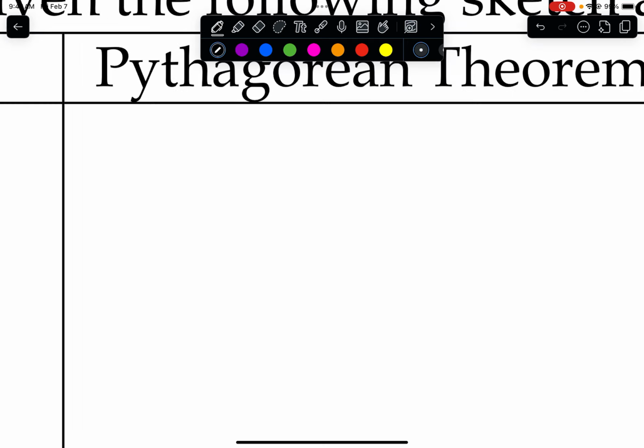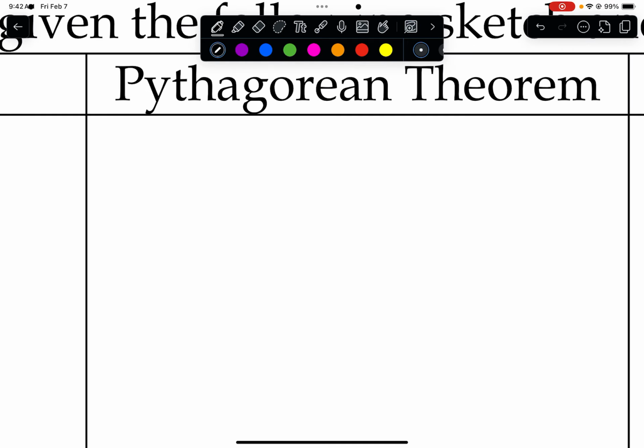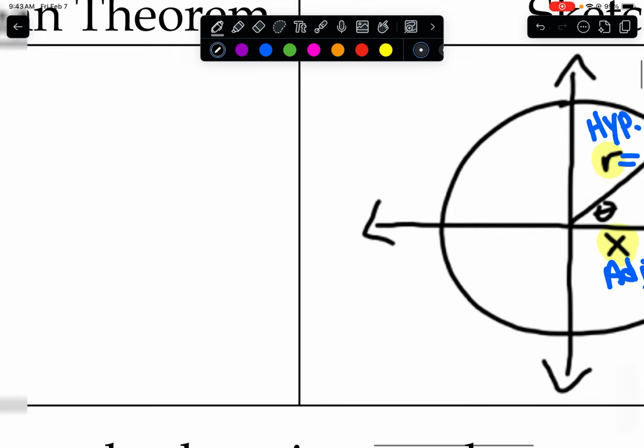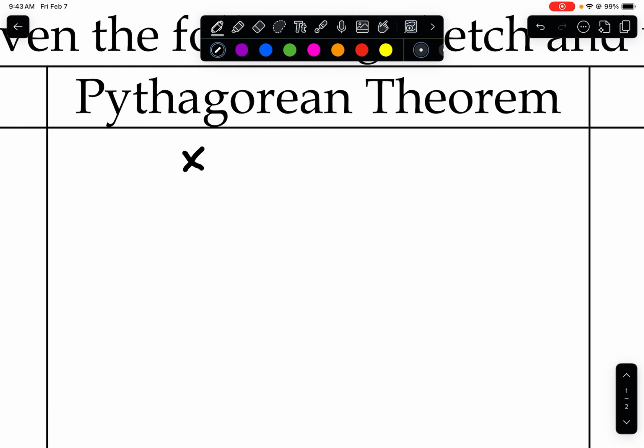With the Pythagorean theorem, we know it as a squared plus b squared equals c squared, but I'm going to relate it specifically to this image. So I'm going to start with x squared plus y squared equals r squared.